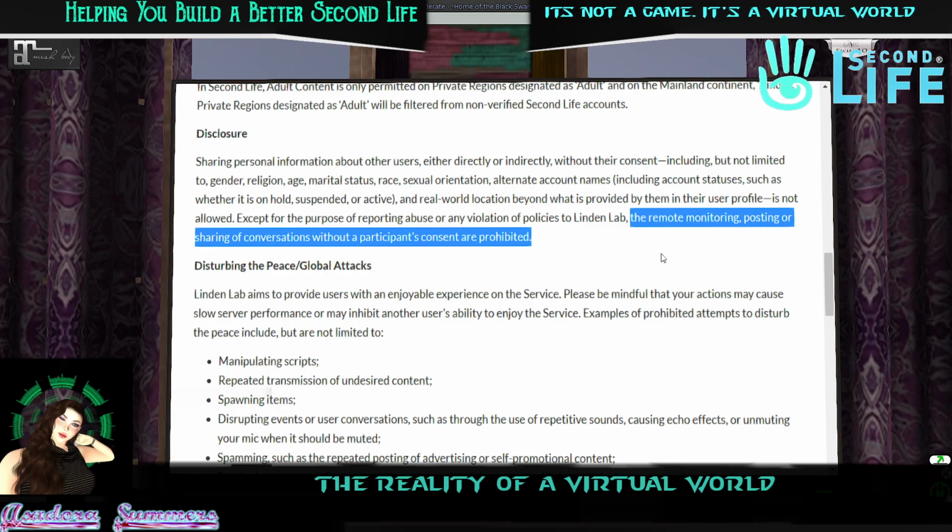The only thing stated in the terms of service when it comes to sharing conversations or personal information about others is directed clearly, and it says it several times, at Linden Lab employees. Regarding other users, it is not in the TOS, it is here in the community standards.